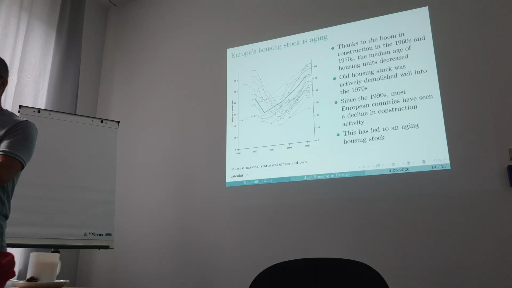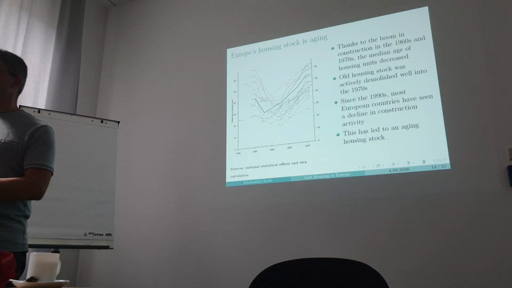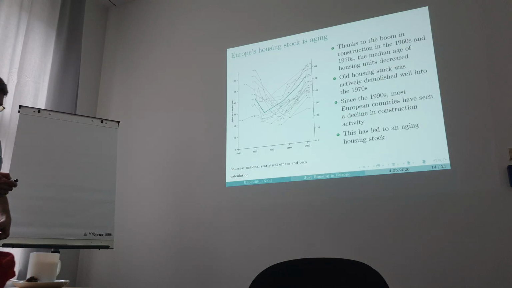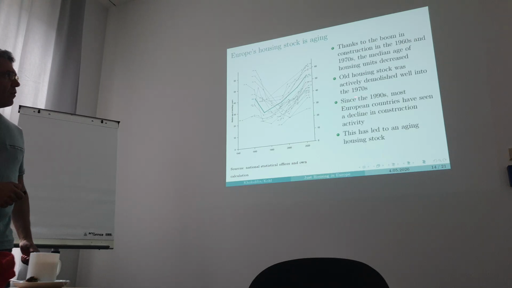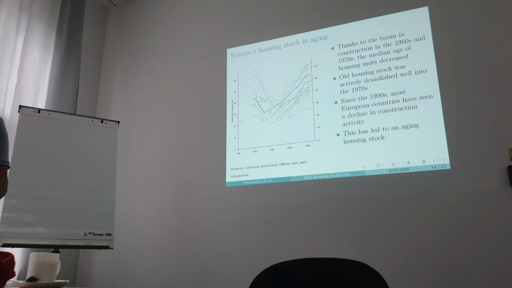So now we have a larger population and half as many completions. So this process of active construction plus another process of active demolishment led to juvenilization, so to speak, of the housing stock. The housing stock became much younger, as you can see here.